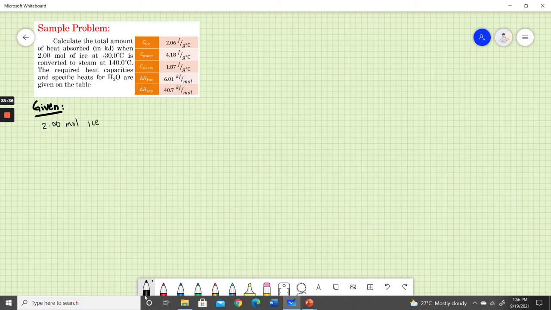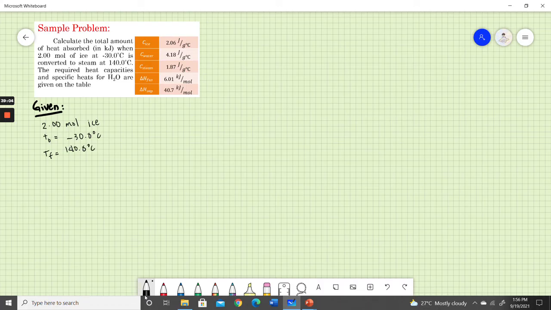In this case, we have a solid H2O. So our initial temperature is equal to negative 30 degrees Celsius. And then we are trying to convert things to steam. So our final temperature is 140 degrees Celsius.